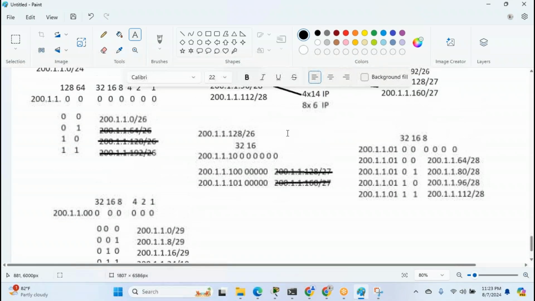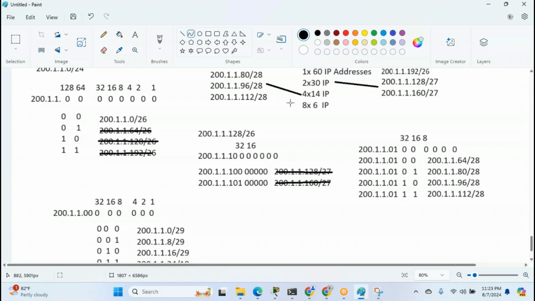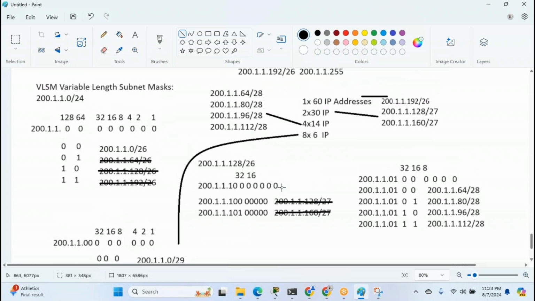In this way we can fulfill this requirement of 8 subnets of 6 hosts. This thing is called VLSM, variable length subnet masking. We do the subnetting, and then according to our requirements we keep doing subnetting within the subnetting, so that we can have subnets of different sizes from the same major network.